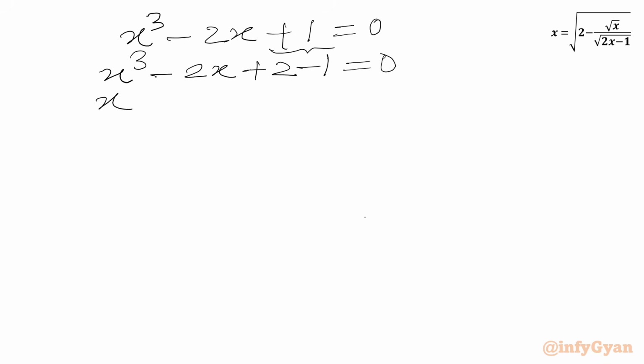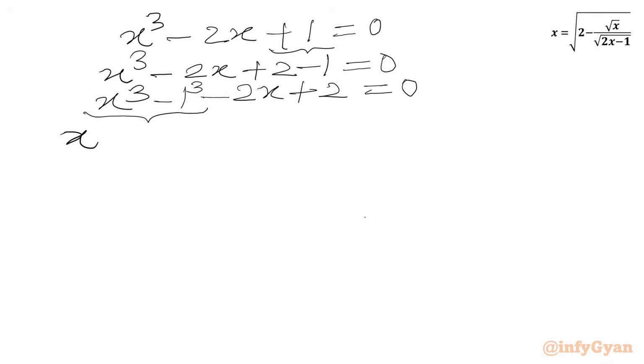Now we will rewrite our terms: x cube with minus 1, and minus 2x with plus 2 equal to 0. Now here we can use the difference of two cubes formula, and we will write x minus 1 times x square plus x plus 1. From the next two terms we can take minus 2 common.